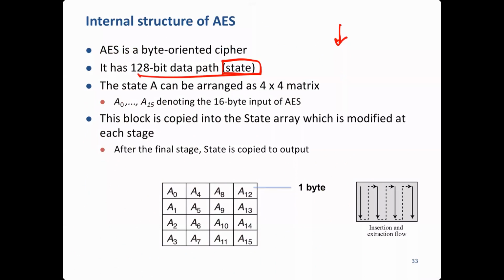We represent it in terms of an array. The state is called a state array, which is 4 by 4, and each one here, like A0 to A15, represents just 1 byte. If you have A0 to A15, you arrange them like this. The first byte comes here, the second one here, because you're showing it in the form of a matrix.